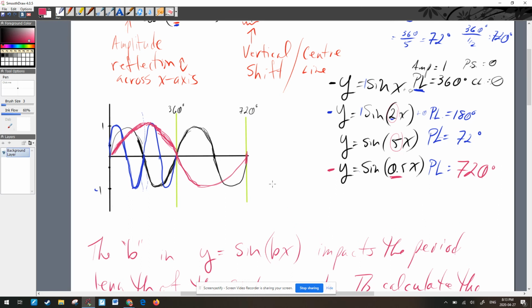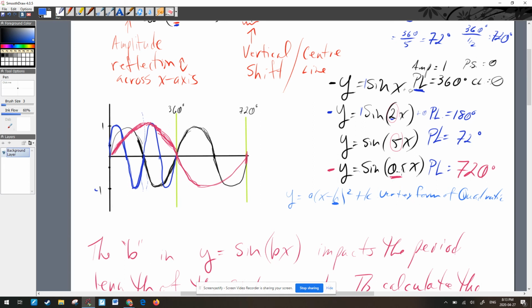And that's true in general, that the stuff inside the brackets kind of does the opposite of what you would expect. So if you recall, I'm just going to do a quick aside here. Remember when we had y equals a bracket x minus h bracket squared plus k, this was the vertex form of a quadratic. Remember that the h value, this guy in here, was what moved us left and right, and it was always opposite its sign, okay?